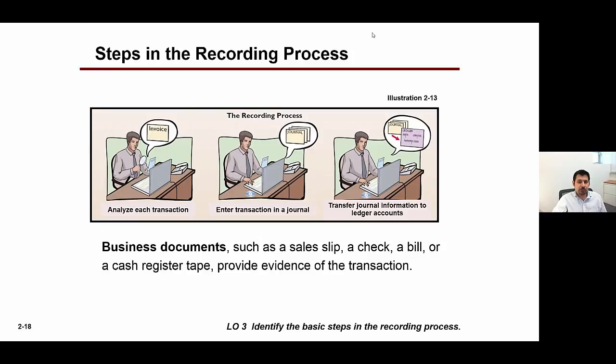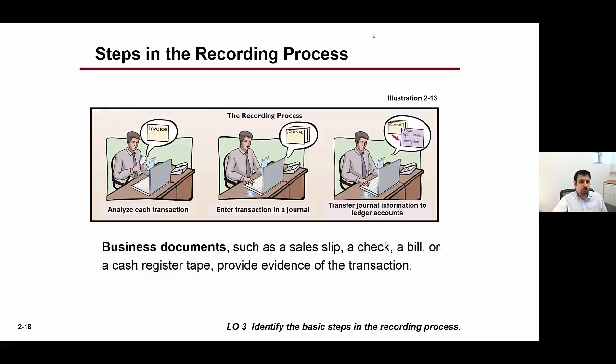Now we get to the recording process. The main steps in the recording process are what we have been doing so far, which is analyzing the transaction. Whenever we have a transaction, we analyze it. Actually, it all starts when the company receives a business document, such as a check, an invoice, a sales slip, etc. Then the transaction is analyzed.